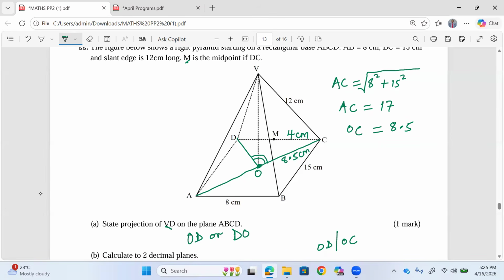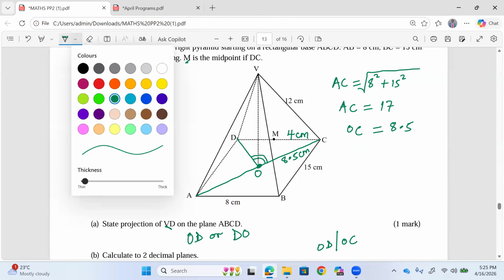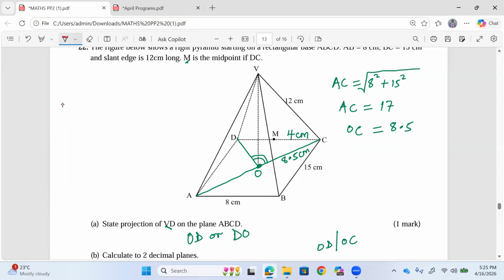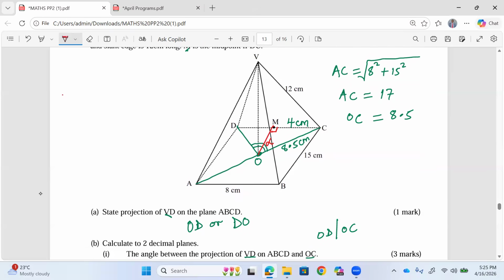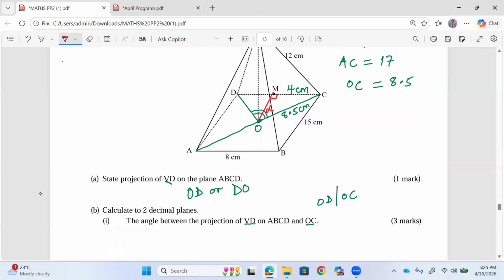So with 8.5, ladies and gentlemen, we can now use triangle OMC to find the smaller angle there. We have the opposite length and we have the hypotenuse, OC, so we can only use sine of the angle.